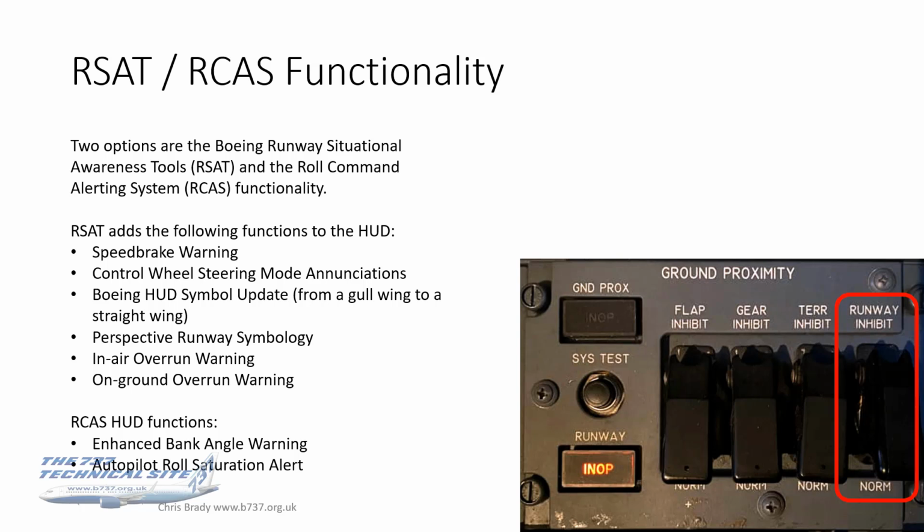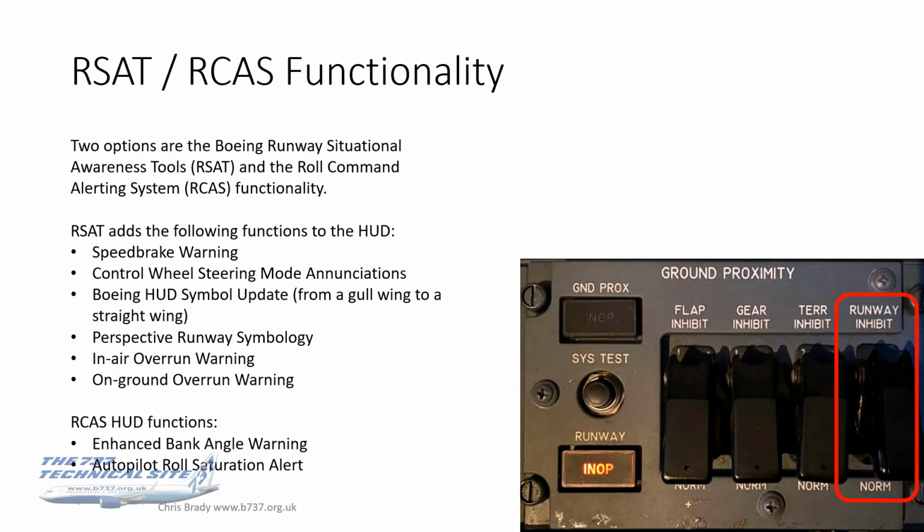RSAT or RCAS, these are two options which are also available on the HUD. So you've got your Boeing runway situational awareness tools, the RSAT, and the roll command alerting system functionality. So RSAT.